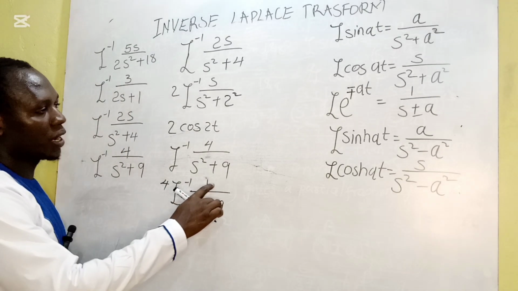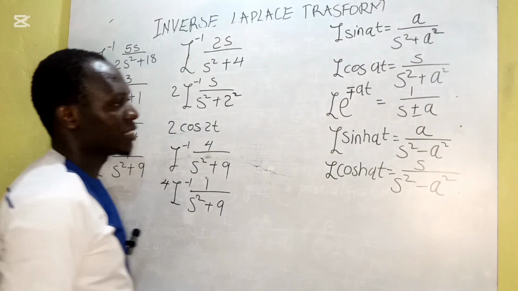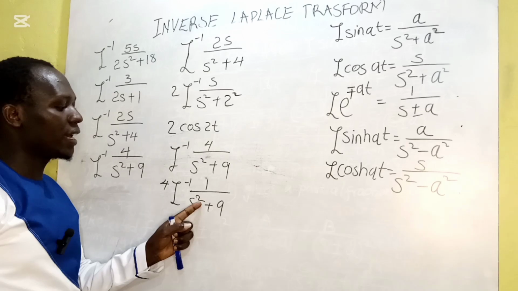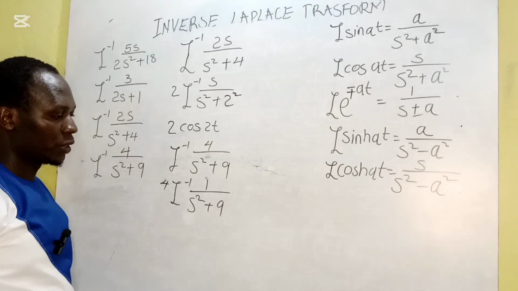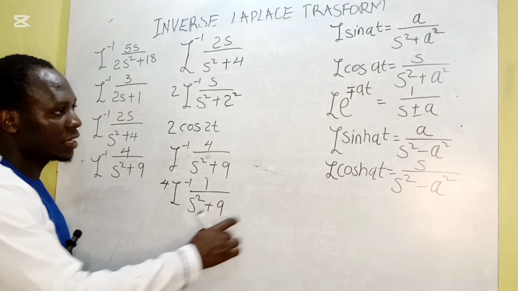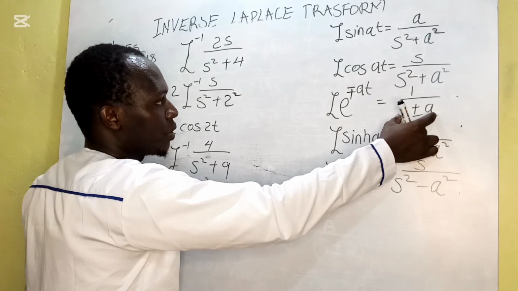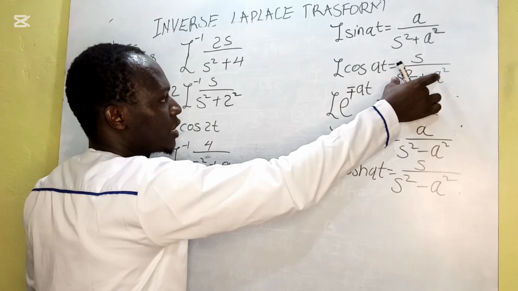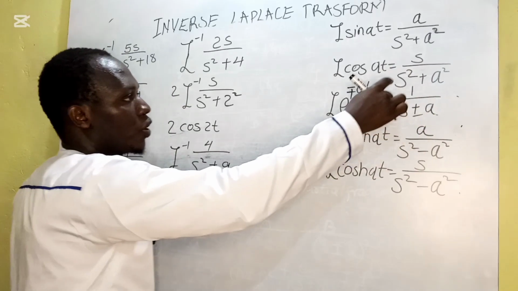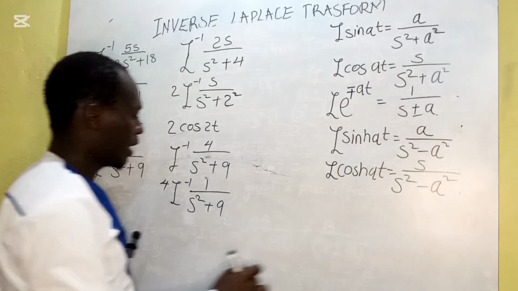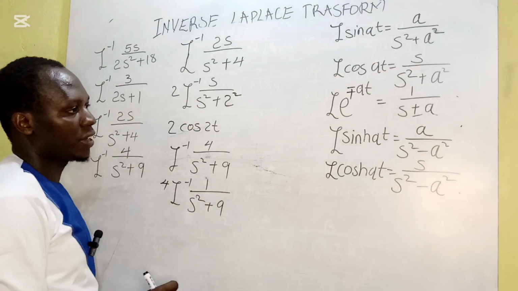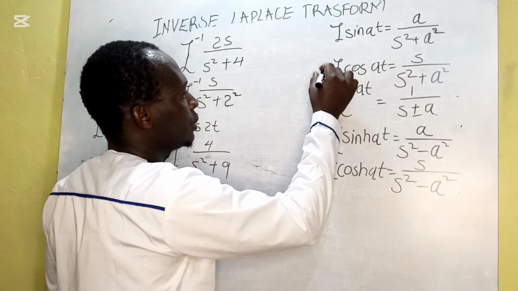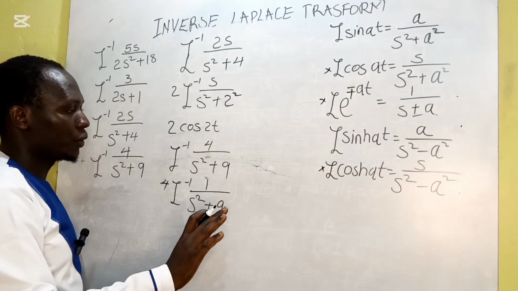Which one has got 1? It is the exponential. But when you check on the denominator, it is s squared we add to 9, to mean that this one is going to be wrong. And what can we do? When this one is wrong, we check on our next function. Cos. Cos has got an s on the numerator. Here we do not have an s on the numerator. This one and this one and this one, we cannot use them.